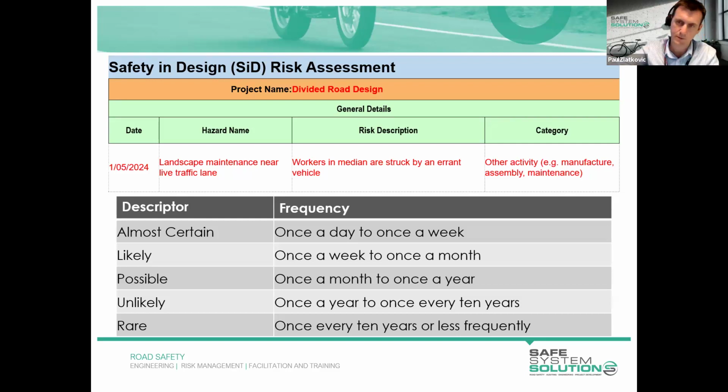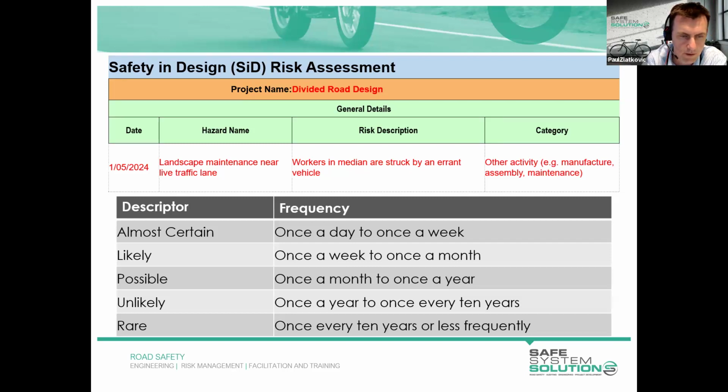That's Old North Road, by the way, in that photo, and the posted limit there is, I think, 70 kilometres an hour, so that might affect your likelihood estimation. Possible, once a month to once a year, is the dominant answer, followed closely by unlikely and then likely. So we'll take forward possible.